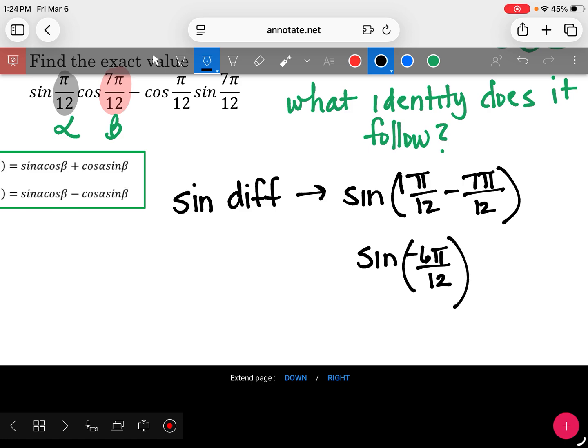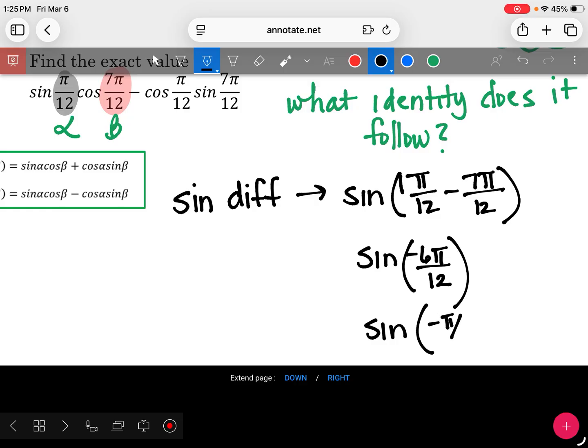What does that reduce down to? Negative pi over 2? Okay.